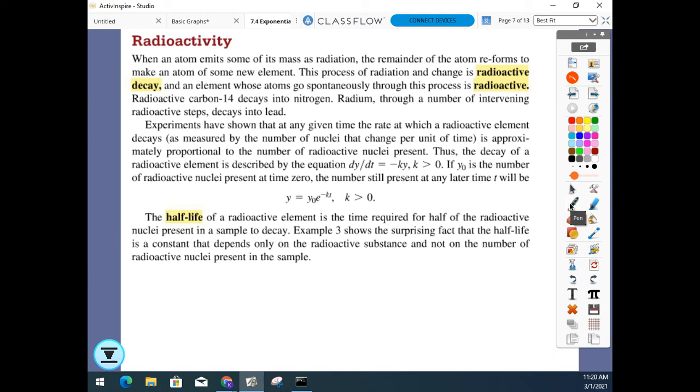If it's decay, the exponent needs to be negative. So really just this particular formula is the big thing that you need. And understanding what half-life is: the time required for half of it to decay.